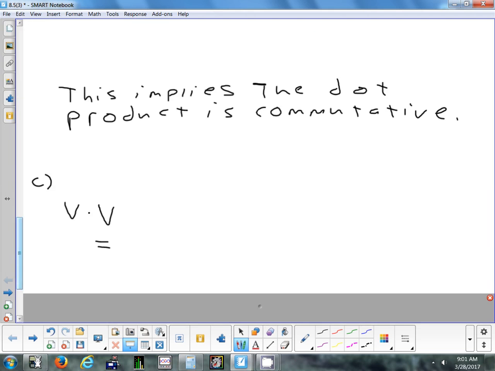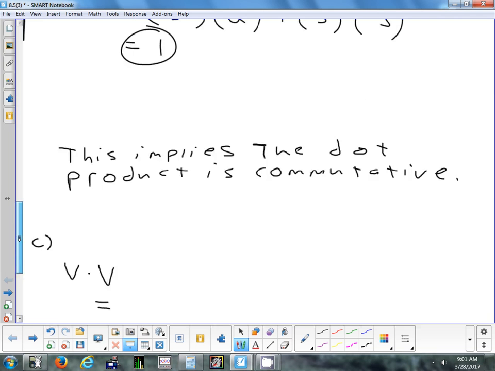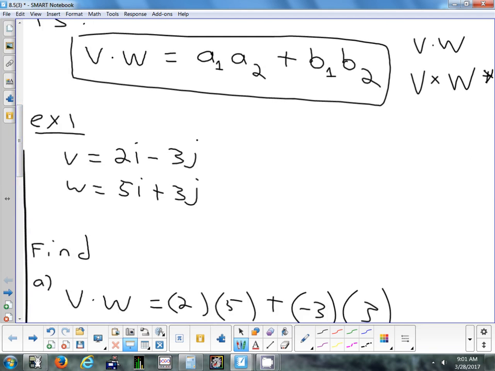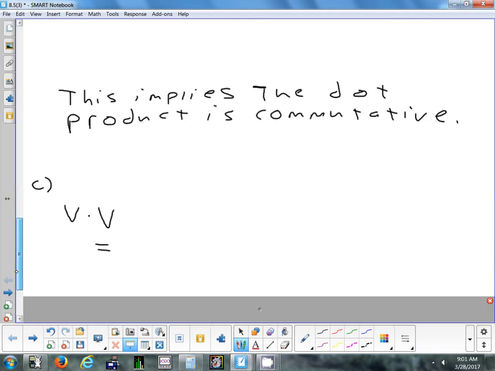Okay, let's try V dot V. So I'll scroll back up. What would V dot V be? What times what plus what times what? 2 times 2 plus negative 3 times negative 3. Yeah.